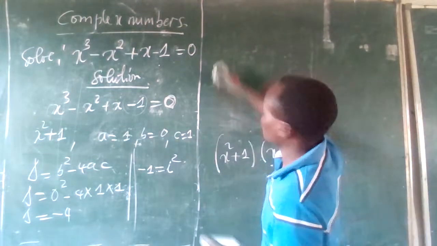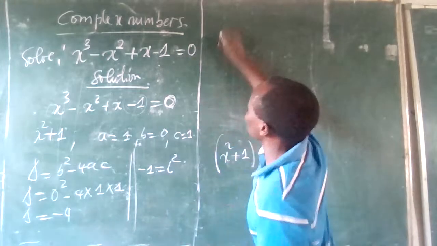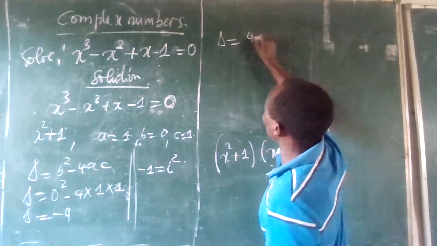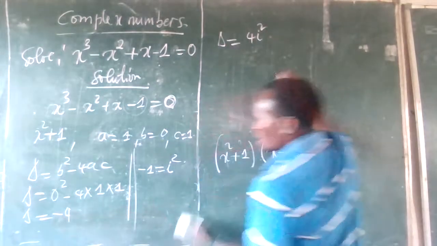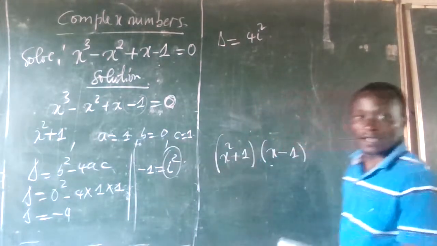Now the delta is equal to minus 4, so delta is equal to 4 times i squared, because this minus becomes this one, right?